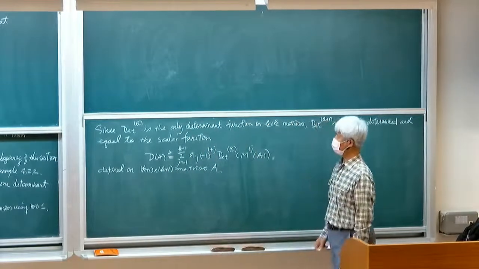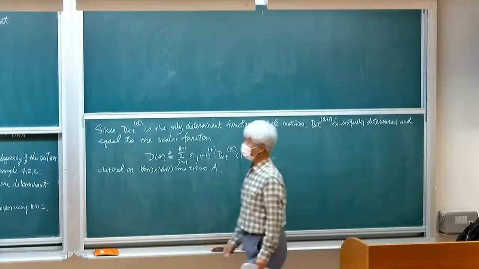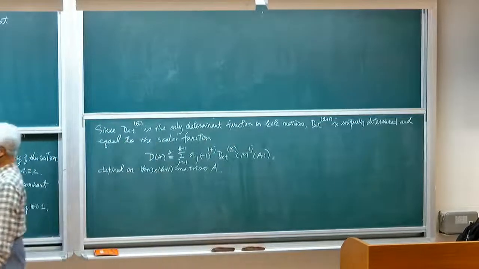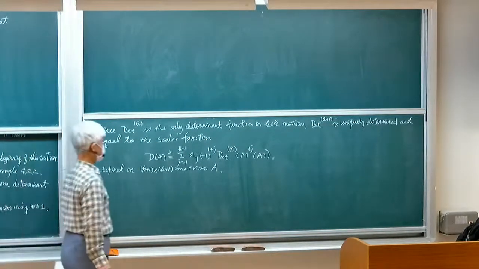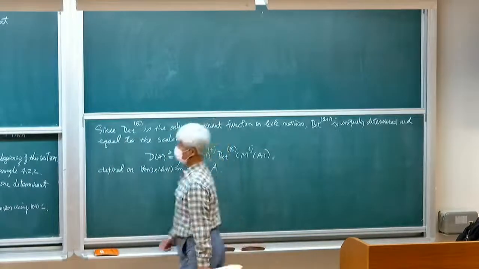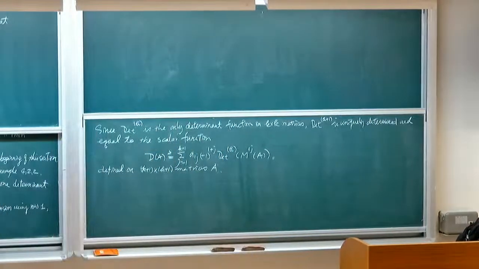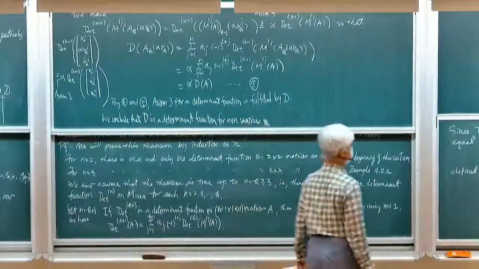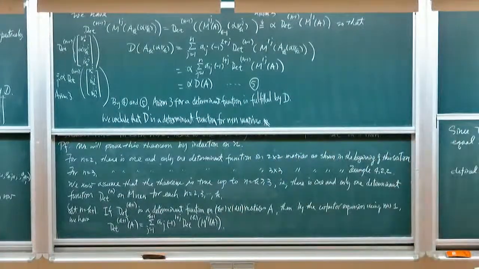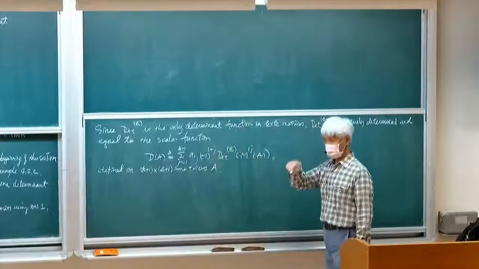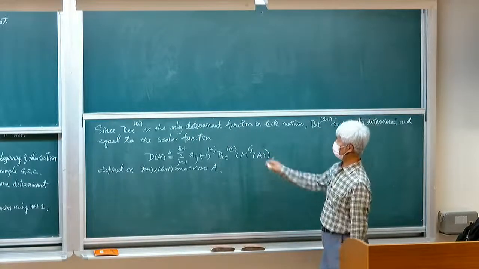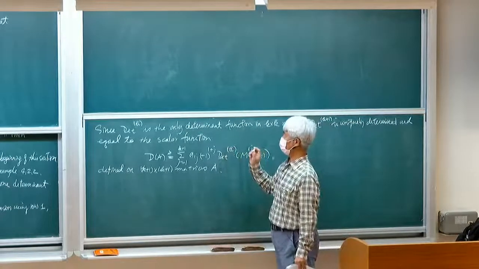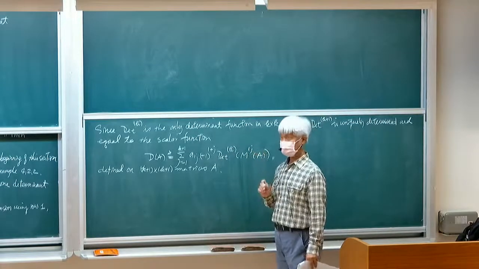Okay, so whenever we have determinant functions on k plus 1 by k plus 1 matrices, the det sub k plus 1 function should be equal to this scalar function, so that they must be unique.